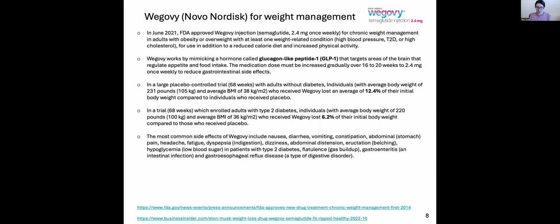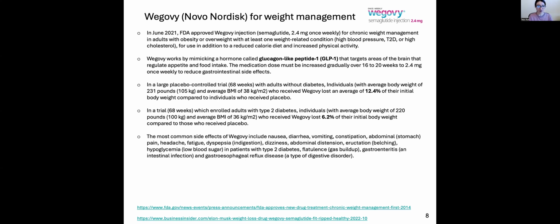So even though the weight loss is quite impressive, one would hope that the best scenario is not having to take these medication because of these side effects.